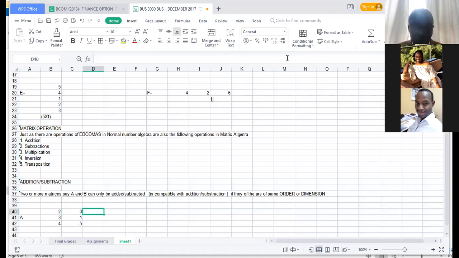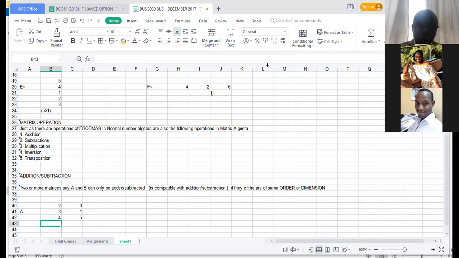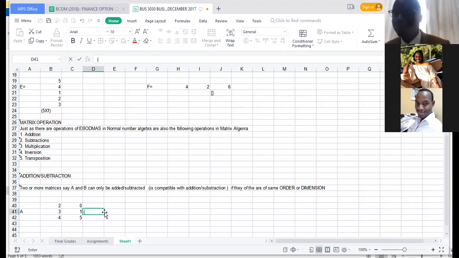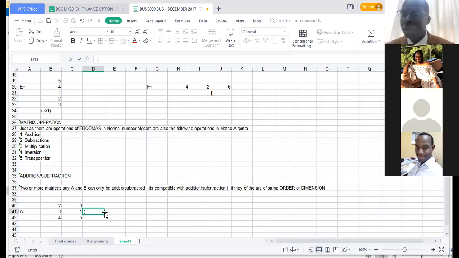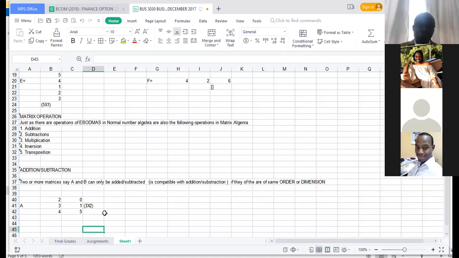What's the order of this matrix A? It is 3 by 2. You don't use your own terminologies. 3 by 2, that is so.